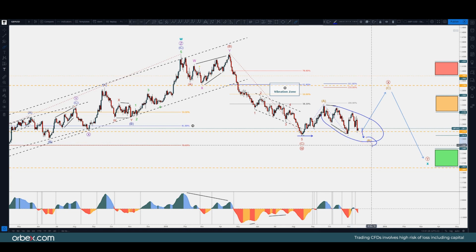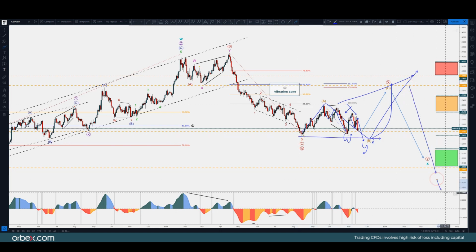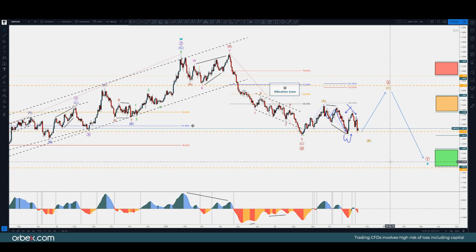I mean, the pattern in intermediate B orange, in a, let's say, W, X, A, B, C, Y for this B. So then we'll be left with A, B, and then C for the entire pattern before a much bigger sell-off, let's say, when the dollar will be getting back on track.